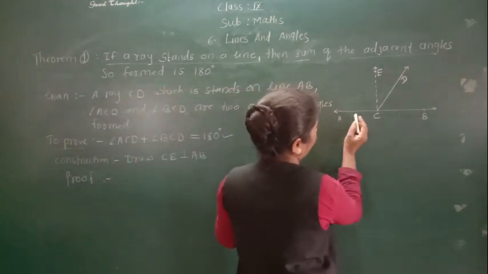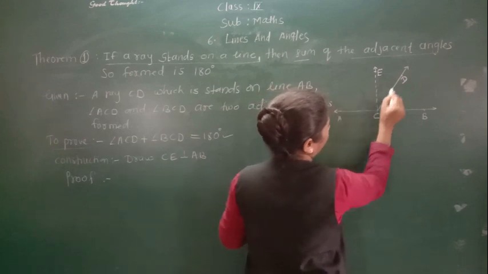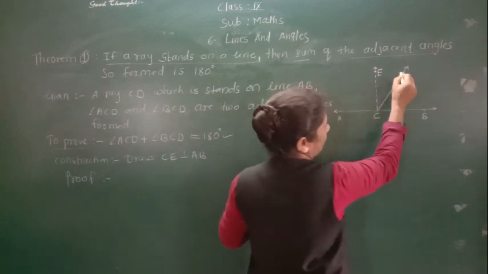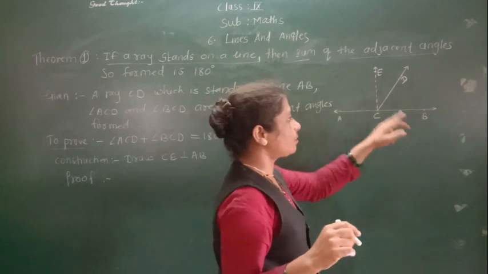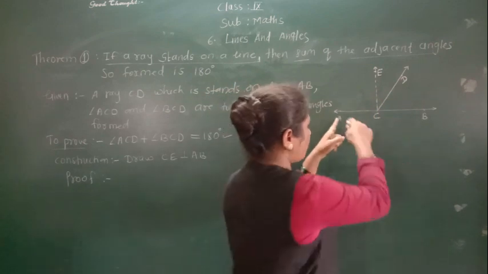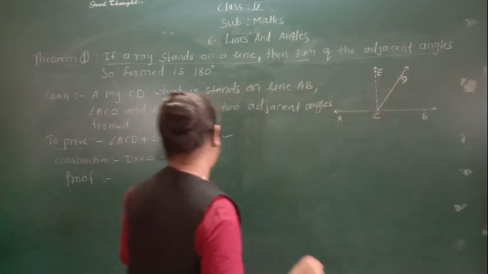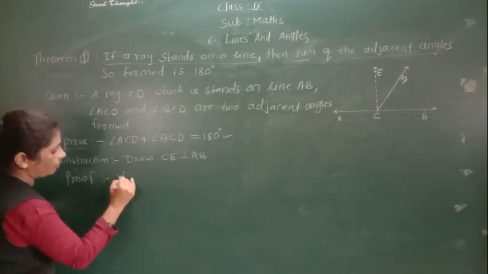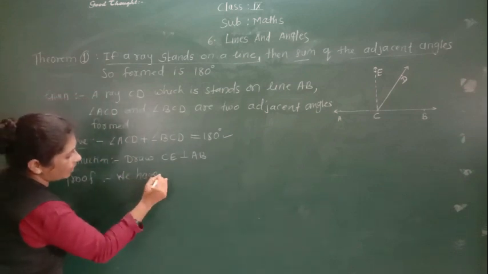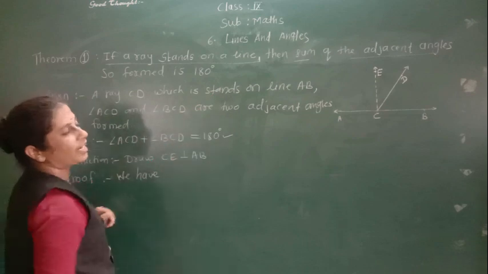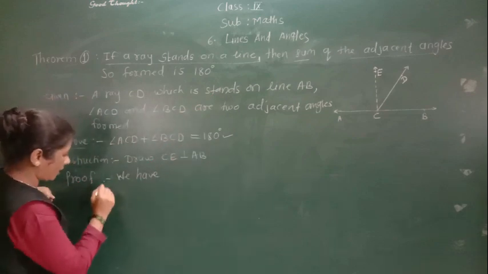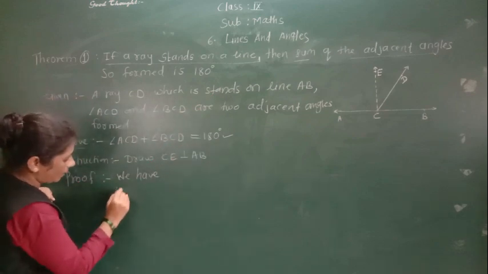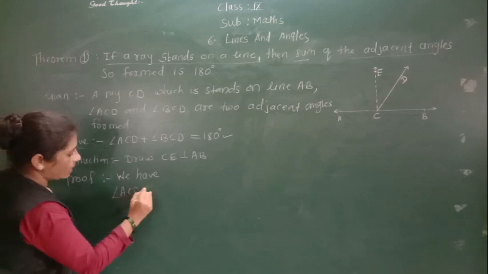Now in this proof, what will we write here? See this angle ACD. First we will take angle ACD. We have to prove that ACD plus BCD equals 180 degrees. These two adjacent angles are formed, and the first adjacent angle is angle ACD.